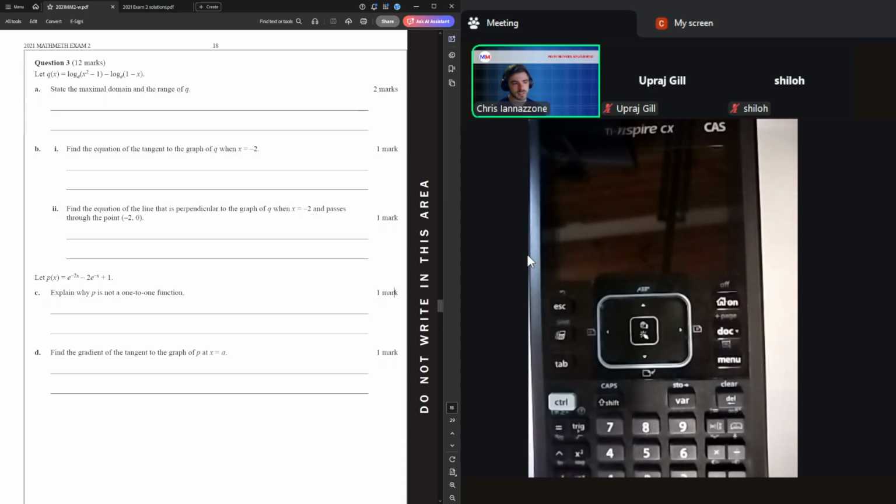The maximal domain part is probably the easier part. Range is a bit more challenging.